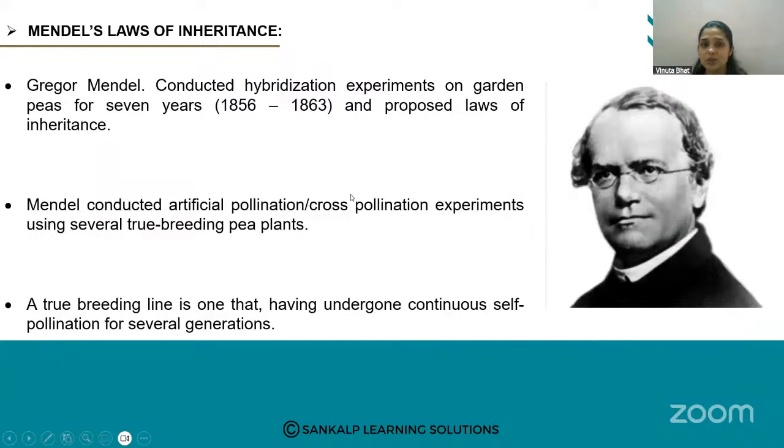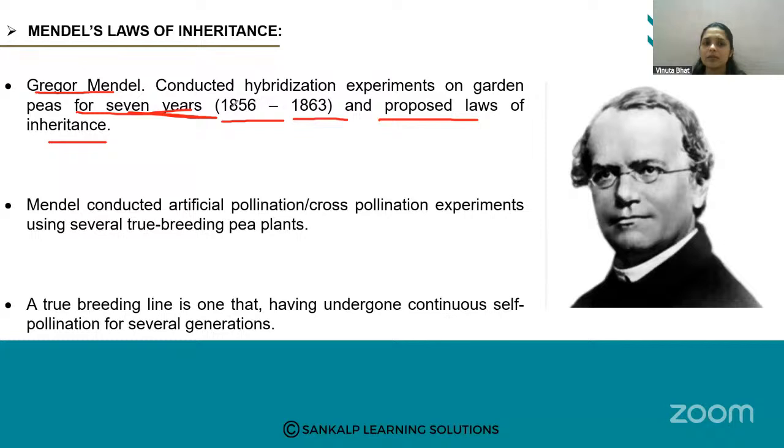The scientist who studied inheritance and proposed the laws of inheritance is Mendel, that is Gregor Johann Mendel. He conducted experiments on garden peas for 7 years, from 1856 to 1863, and proposed the laws of inheritance.